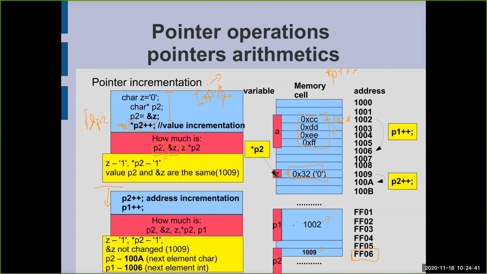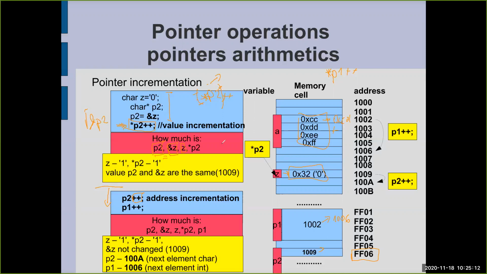What is the difference? The plus plus or minus minus operator means go to the next element. So for example, if we have P1 and its value is 1002 and I'd like to increment it, this value will be changed not to 1003 but to 1006.